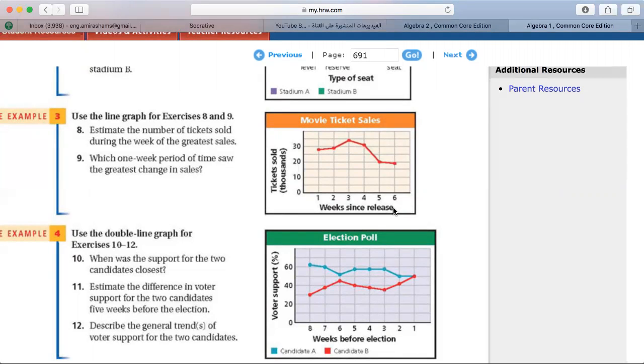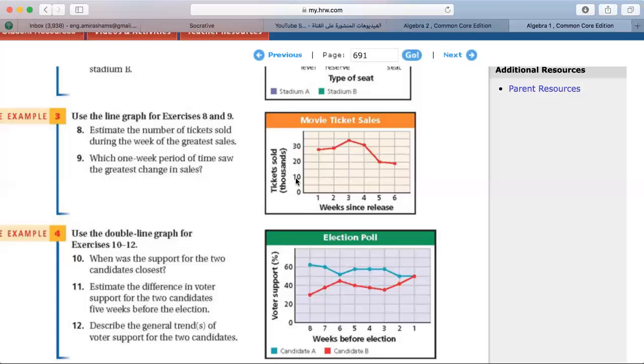So if I have a movie and I am watching its tickets, and I want to check the tickets that are sold for the movie in each week. So I have down the weeks, week 1, week 2, 3, 4, 5, 6. And here I have the number of tickets that are sold in thousands.